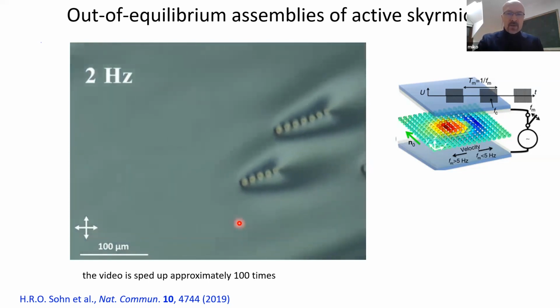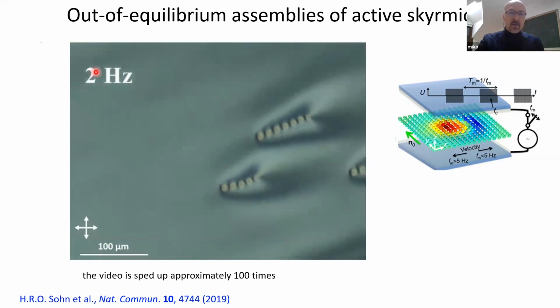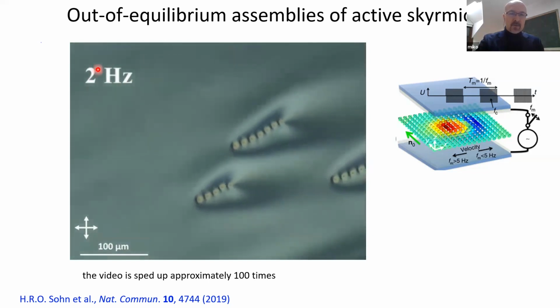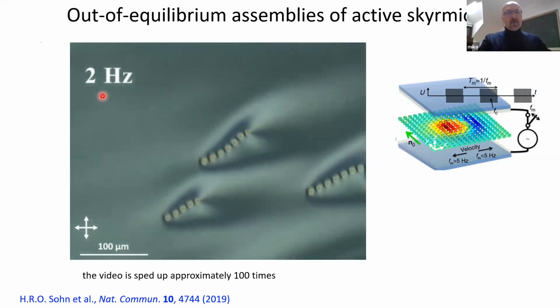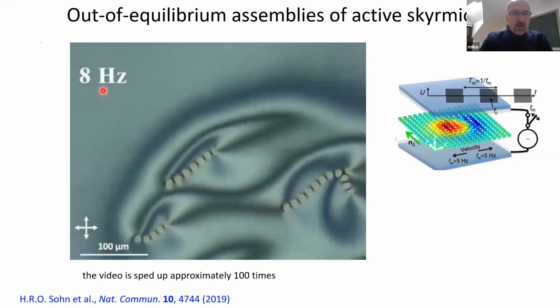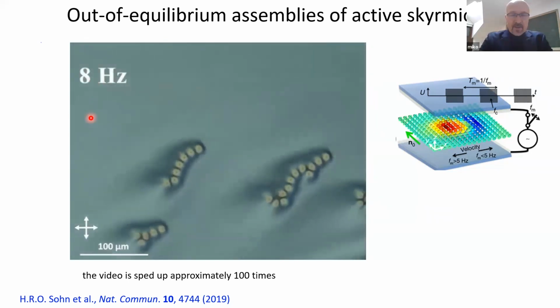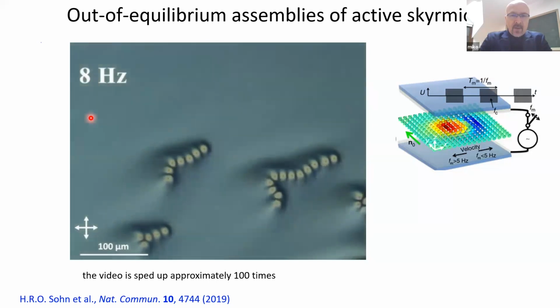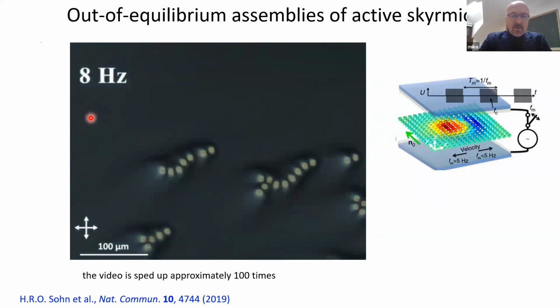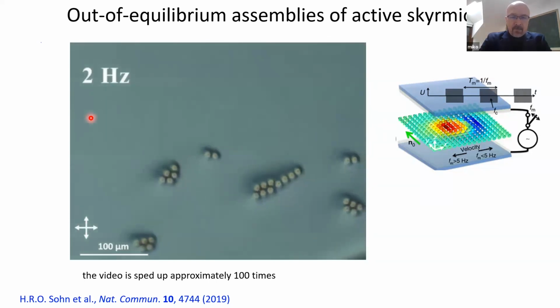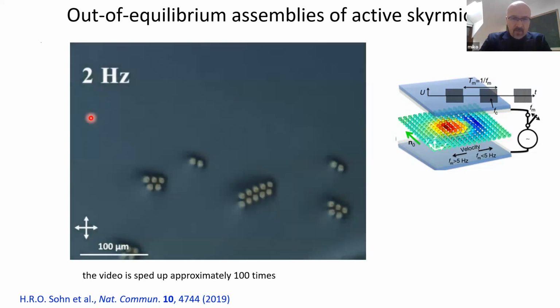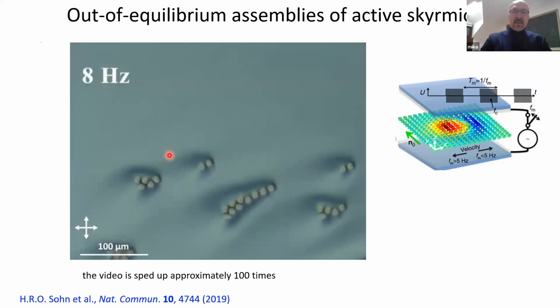And you can change this behavior just by tuning the modulation frequency. For instance, in this experiment, the modulation frequency was changing between 2 to 8 Hertz. And just by changing this, you can modulate interactions between these torons and obtain linear chains or compact clusters.